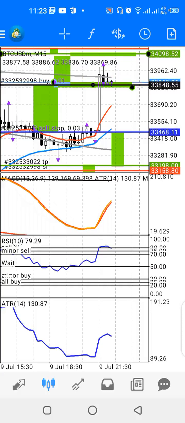Remember, we have an initial 0.01, which is the first trade on this black line, plus the pending order 0.08. 0.08 plus 0.01, that is 0.09.